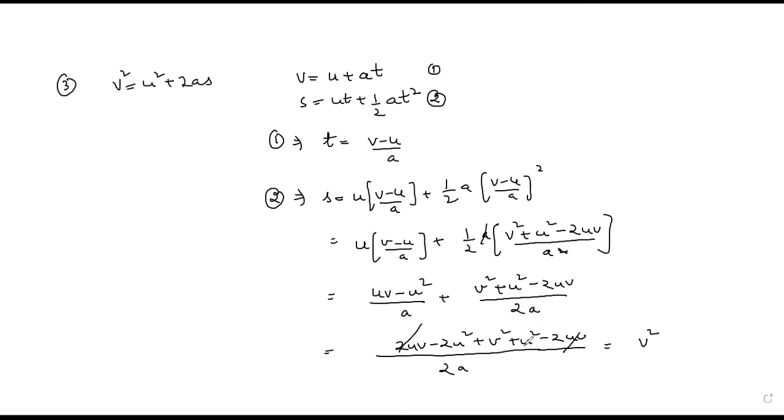This is minus of 2u squared and plus of u squared, so minus of u squared, and this is 2a. Cross multiply on the left hand side, it was s. So 2 times a times s is v squared minus u squared, or if you rearrange, it is v squared is u squared plus 2as, and that gives us our third equation of motion.